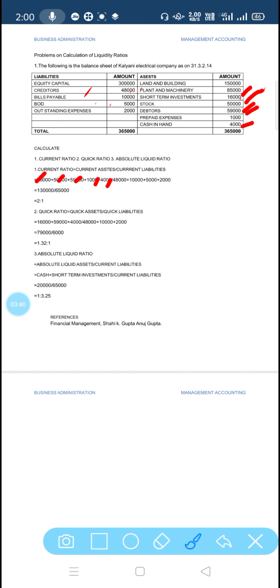The total current assets will be 1,30,000. Now the current liabilities are creditors 48,000, bills payable 10,000, bank overdraft 5,000, outstanding expenses 2,000. The total current liabilities will be 65,000.